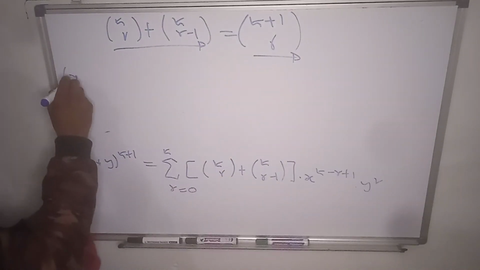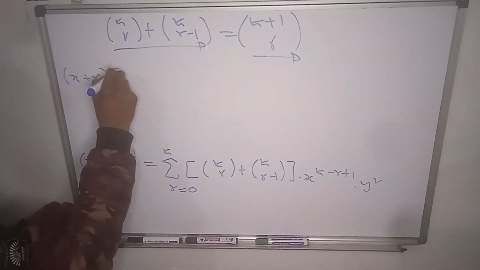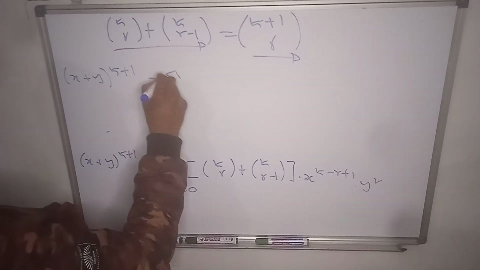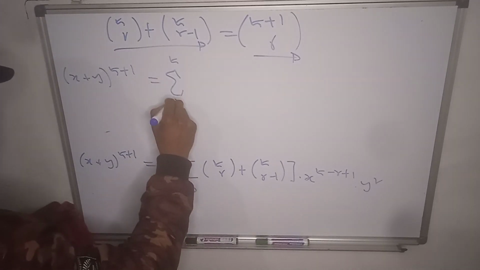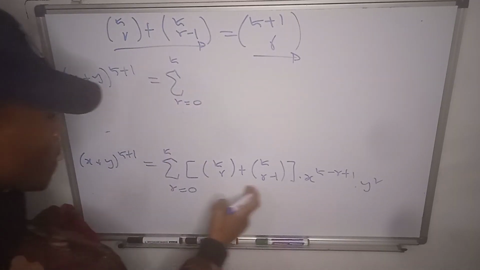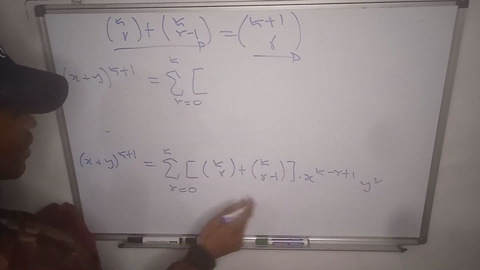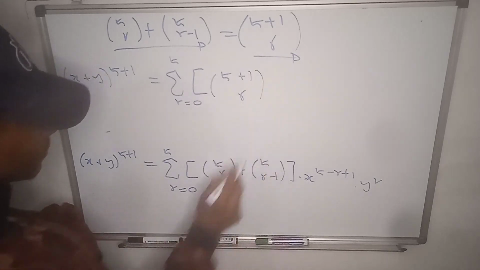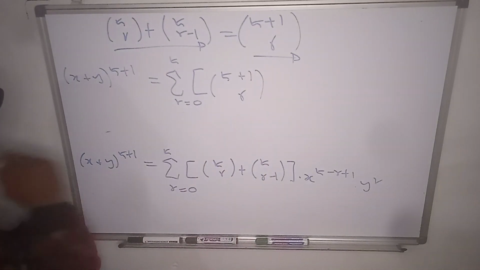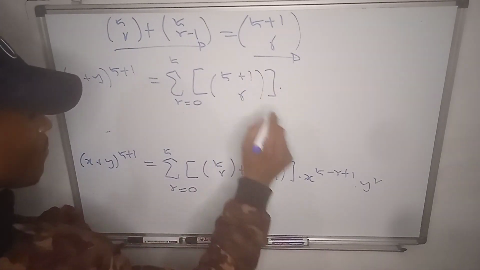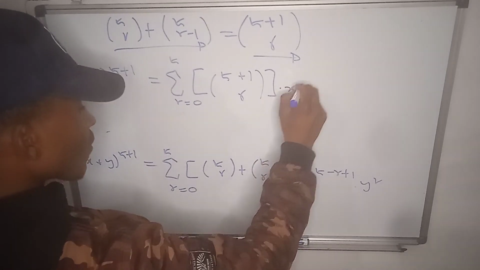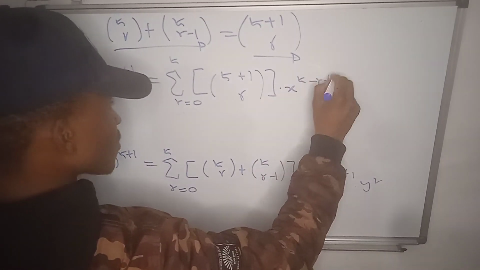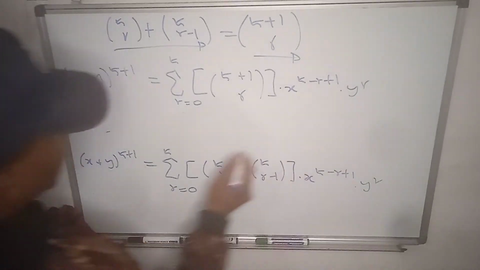So then (x plus y)^(k+1) will be the same as the summation of r equals 0 to k, this combination will be the same as k plus 1 combination r, multiplied by x^(k-r+1) multiplied by y^r.